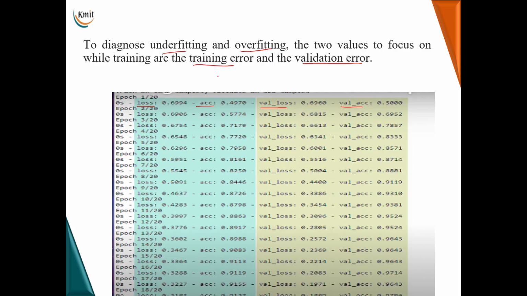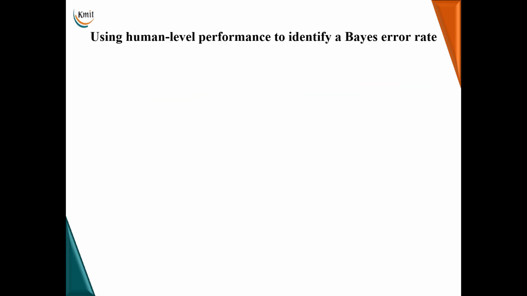Now, if the model is performing well on the training data but performs poorly on the validation data, then I can say that the model is overfit. And if it does not perform well on the training data, but performs well on the validation data or the test data, then I say that it is underfit. So we will be talking about these two, overfitting and underfitting.